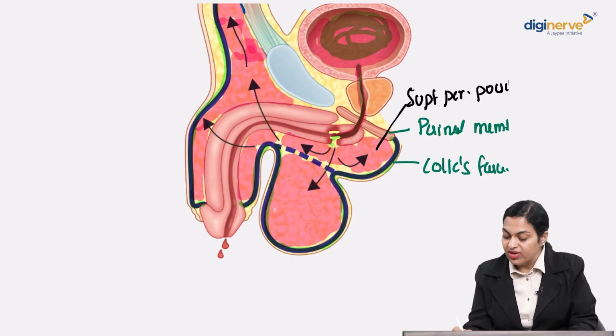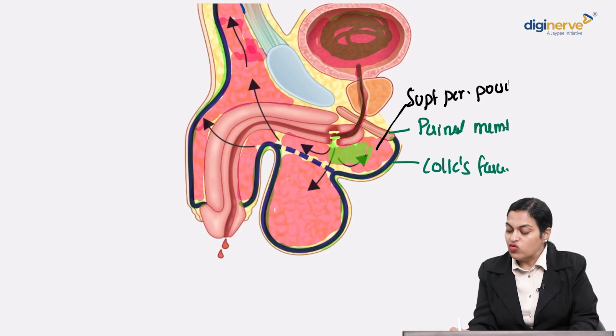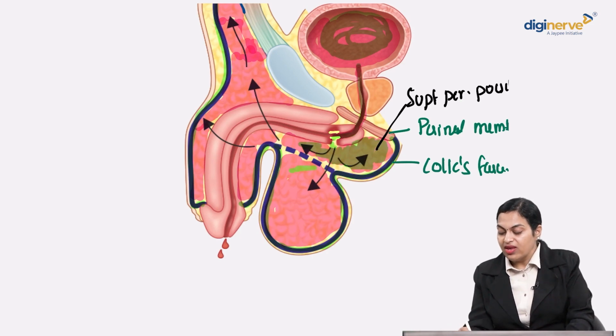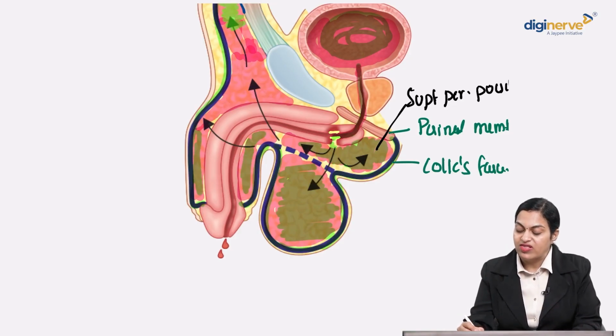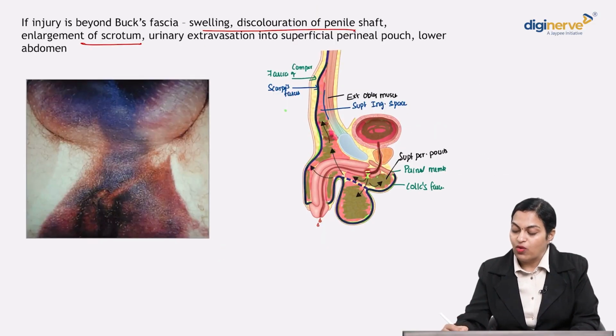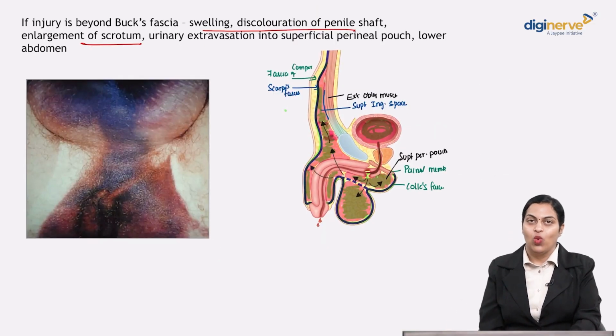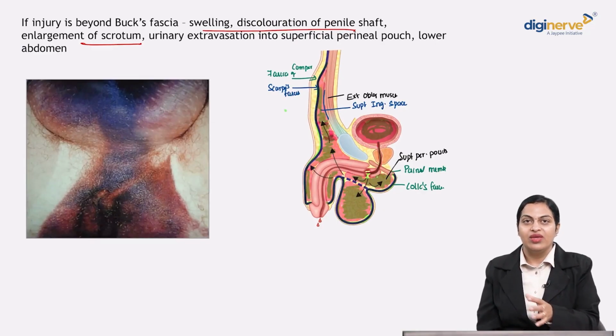Through the rupture here, it has entered the superficial perineal pouch, and then around the scrotum, which causes enlargement of the scrotum, around the penis, and also extending into the superficial inguinal space in the lower part of the anterior abdominal wall. So with injury to the penile urethra, all this will happen.